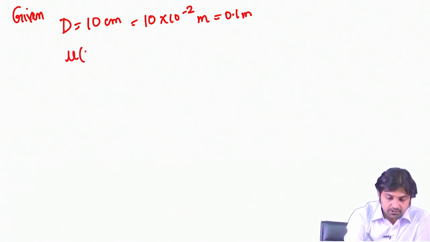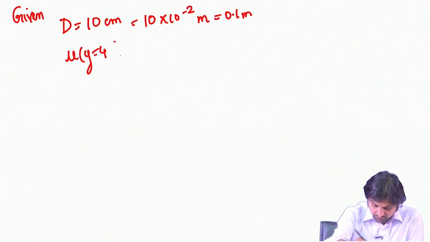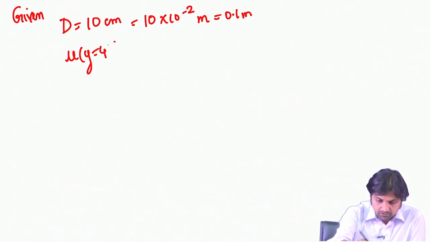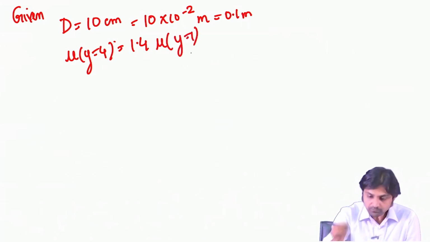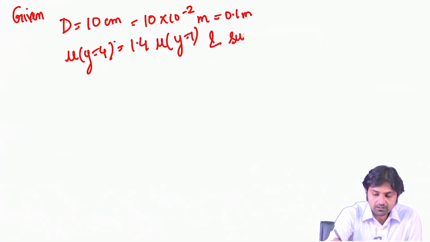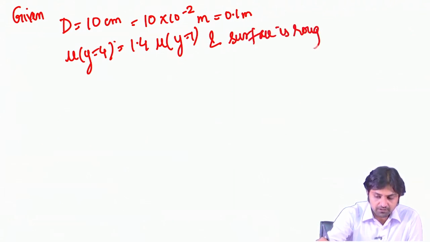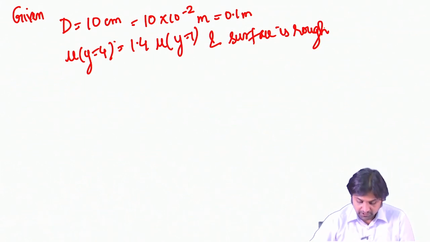It is given u at y equal to 4 centimeters is equal to 1.4 times u at y equal to 1, correct, and the surface is rough. This is what we have already been told.